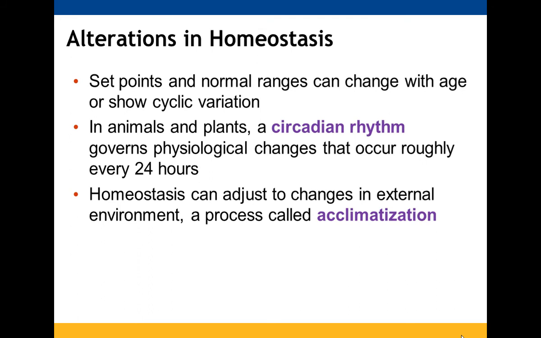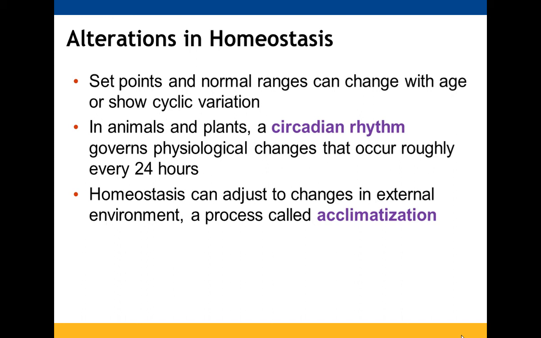So we can have homeostasis alterations with age. When you were little, you most likely wanted to get up pretty early, and then you became a teenager, and a lot of teenagers like to sleep in. As you get older, maybe you might shift a little bit more in one direction versus the other. But no matter what your age is, we typically refer to our days as a 24-hour period.